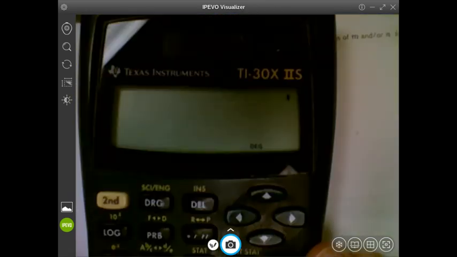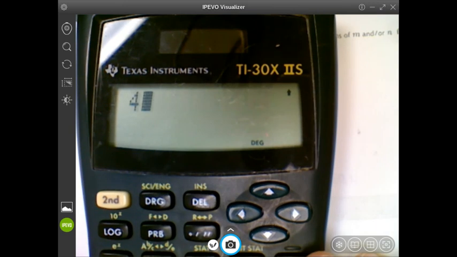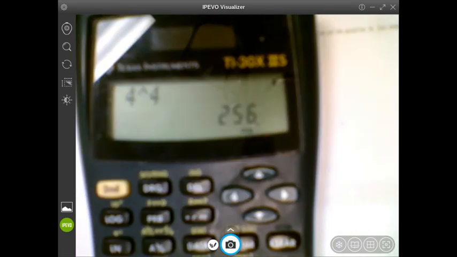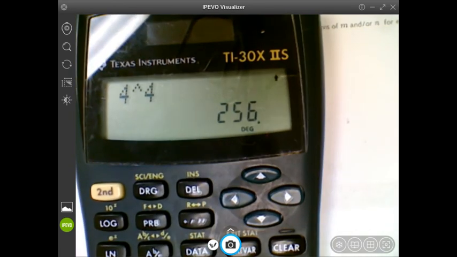So you might want to use your calculator like this. For example, 4 to the power of 2, that's just 16. But if we remember, isn't it 16 times 16 is 256? And so you can write this as 4 to a power. And I think 4 to the power of 4 is 256.